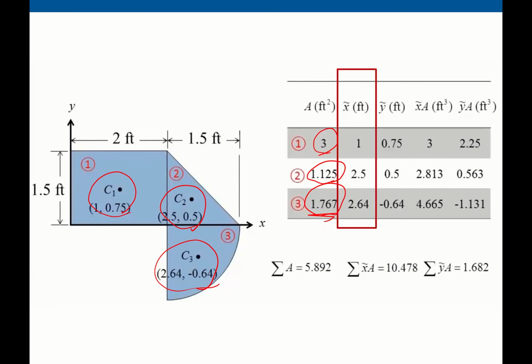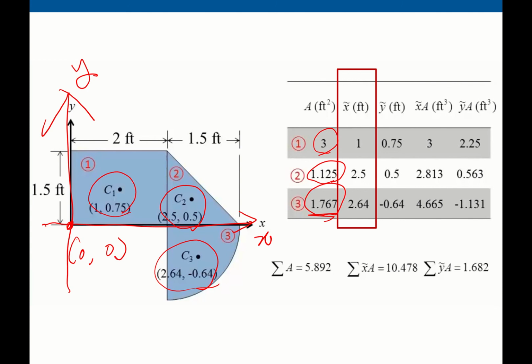What is the x tilde? X tilde is the centroid of each body. Based on our coordinate system, you can see this is the x-axis, y-axis, and this intersection point is 0, 0.